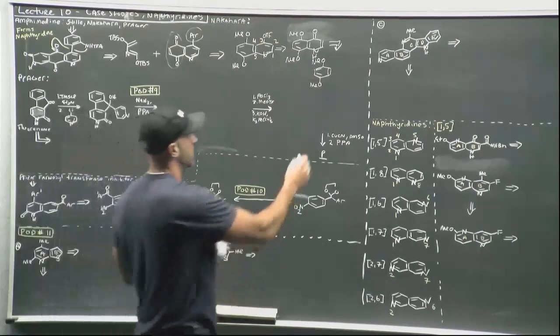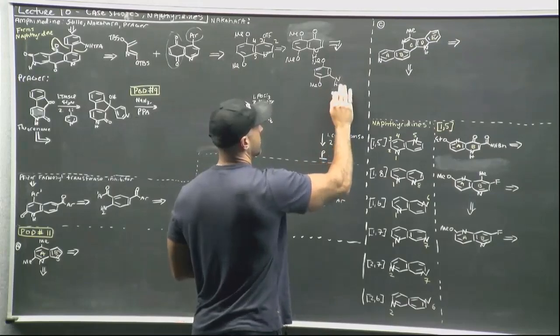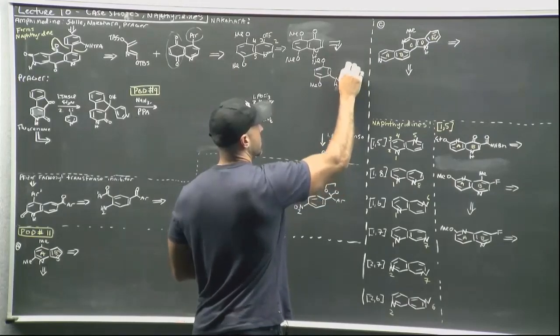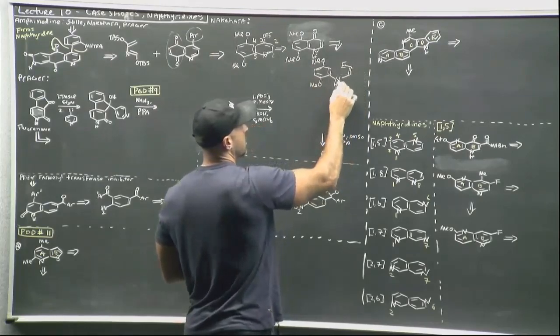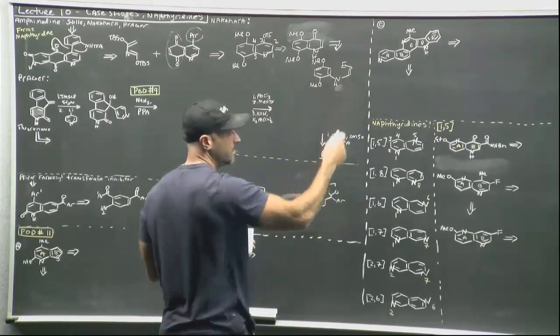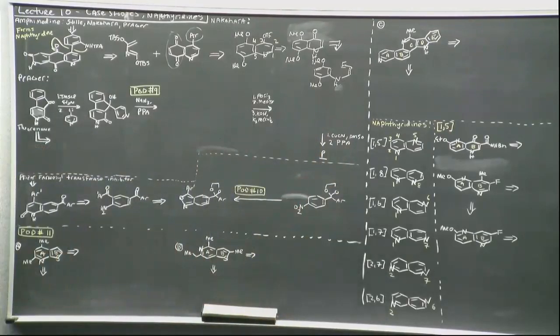1,3-dicarbonyl, or you could just make this intermediate that we saw, and this comes in C2 from the corresponding amine plus alpha beta unsaturated compound by Friedel-Crafts.